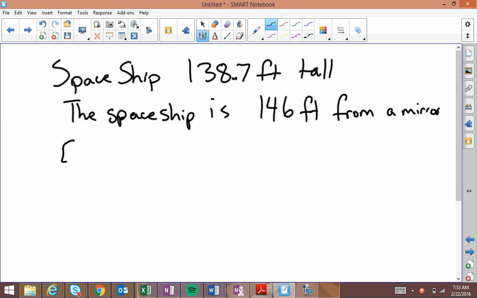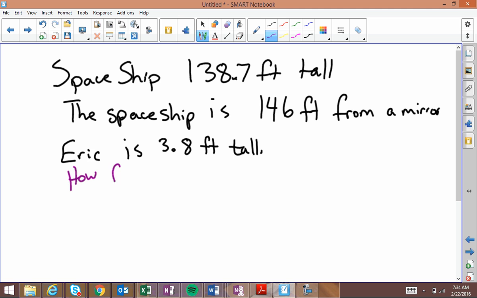We also have a little boy whose name is Eric, and Eric is 3.8 feet tall. What I want to know is how far is Eric from the mirror?